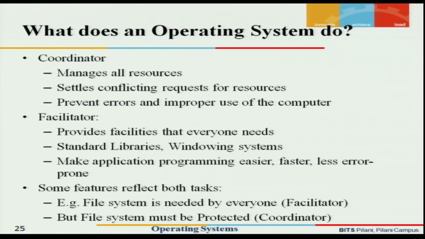So there are functions where both facilitator and coordinator tasks are performed. There are functions where only facilitator-related functions or only coordination-related functions are carried out by the operating system. We'll see them in greater detail in coming sessions.